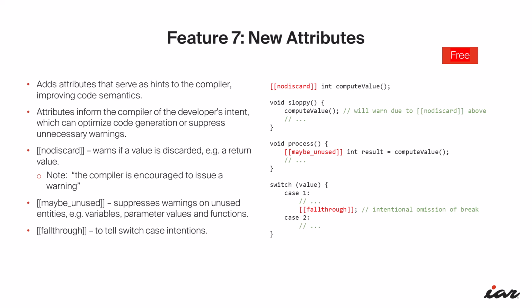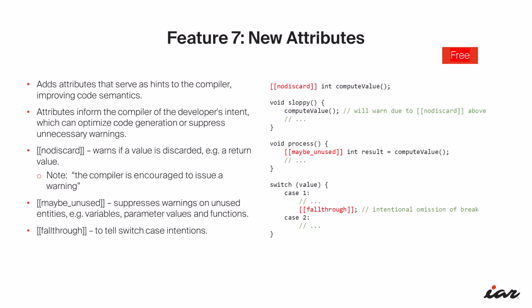C++17 introduces some new attributes that serve as hints to the compiler, and that means the compiler can perform steps to optimize better, or it can suppress unnecessary warnings when the programmer gives a hint that this is my intended behavior.